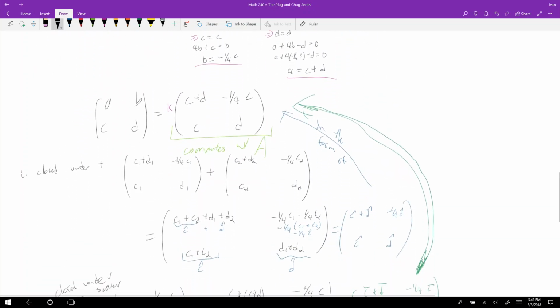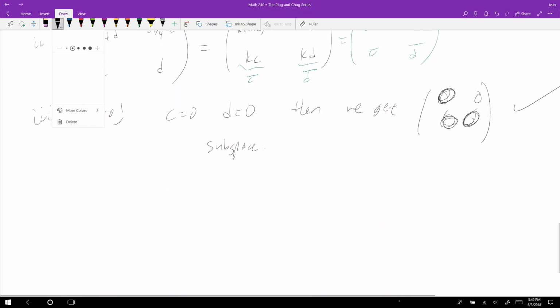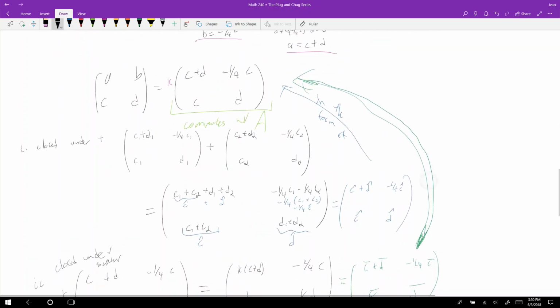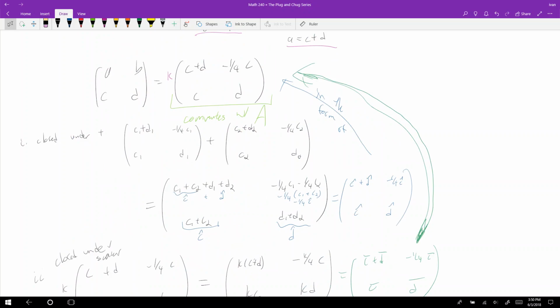So now, part B, we want to find a basis for W. And W just means all matrices that have this form right here. So W contains every 2x2 matrix with complex entries that looks like this, right?